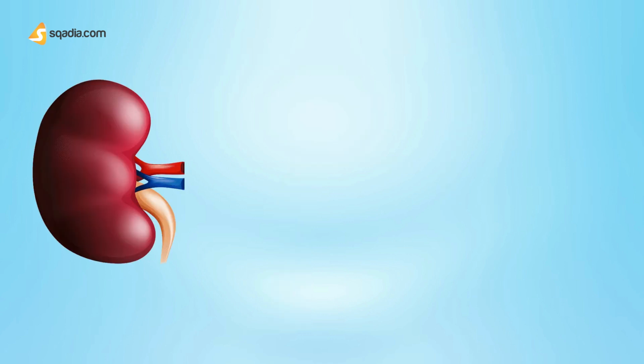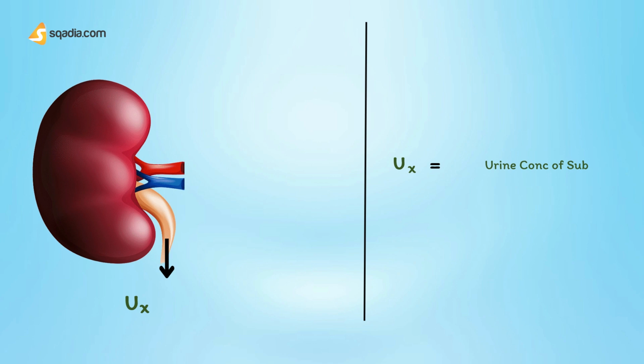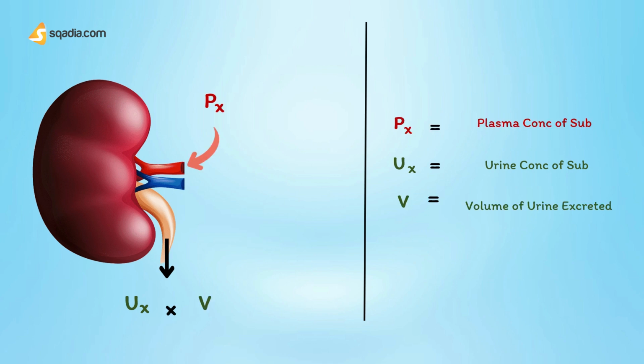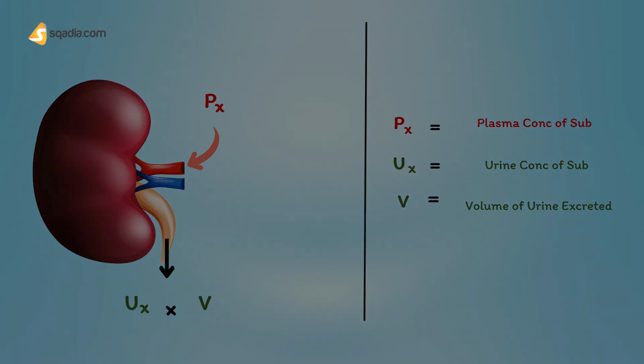Values of factors such as concentration of the substance in urine, volume of urine excreted, and concentration of the substance in blood are required to determine the plasma clearance of a particular substance.